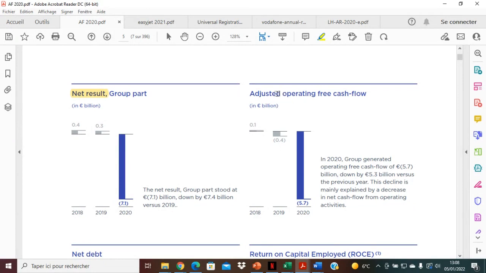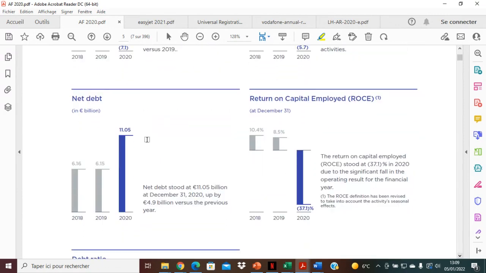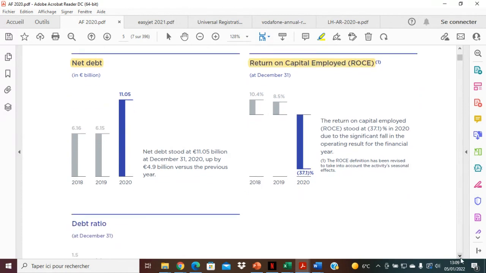And then here we have some cash flow information, an adjusted operating free cash flow. A little bit later today, we'll talk about the cash flow statement and I will explain those different notions. And then something about the debt level. Solvency of companies obviously is important and they present net debt. And then another performance indicator, return on capital employed, is presented.